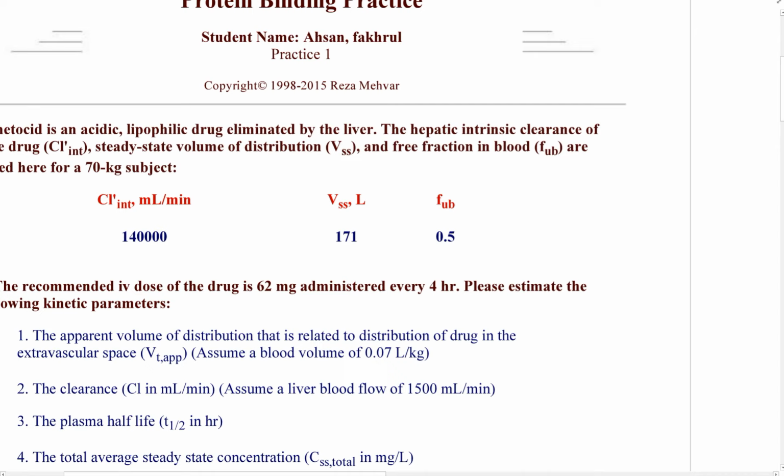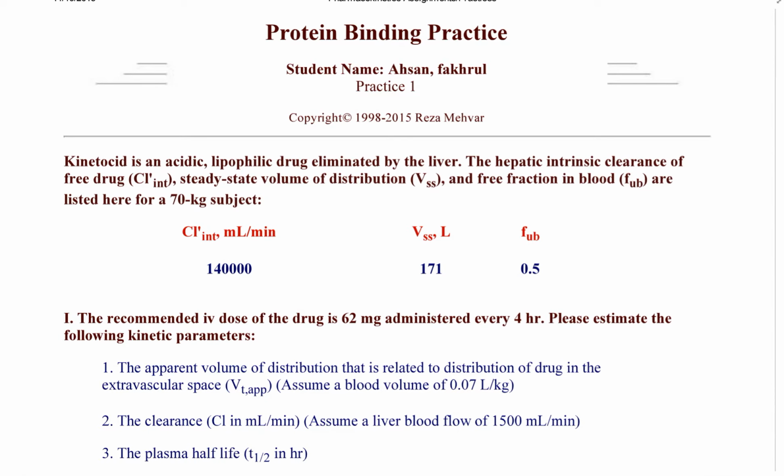First, as I have always said, you have to look into some of the information. The drug is an acidic drug and it's a lipophilic drug, eliminated by the liver only.